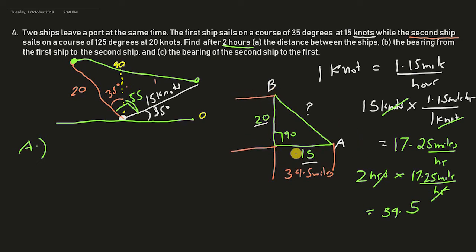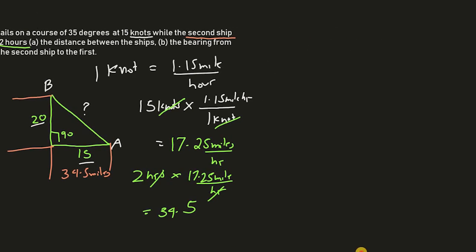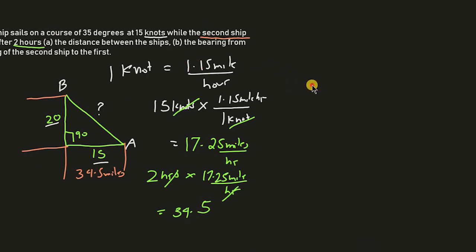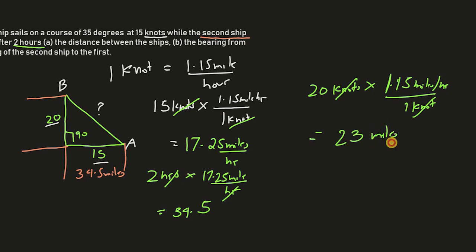Now, as we did here, let's also solve for the distance of this one. Let's create some space here. We multiply 20 knots times the conversion, 1.15 miles per hour over 1 knot. The knots cancel. 20 times 1.15 is equal to 23, so the speed is 23 miles per hour.